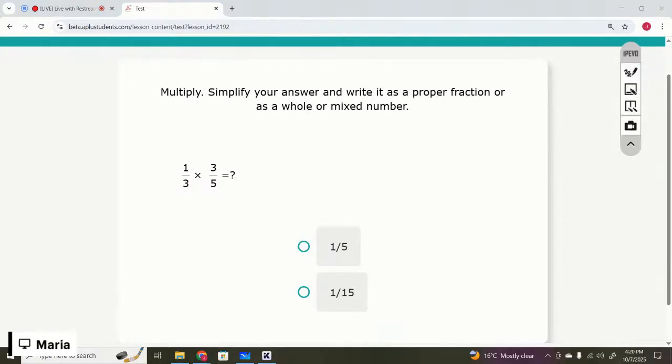The correct option is 1 by 5. 5 by 8 times negative 1 is, that is negative 5 by 8. Option number 1 is the correct option.